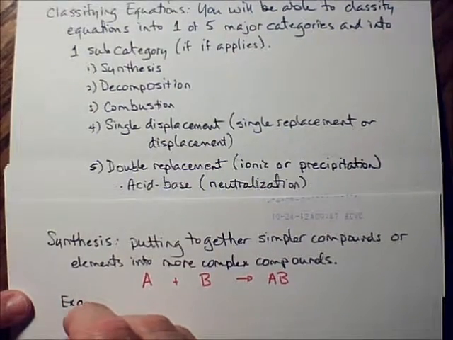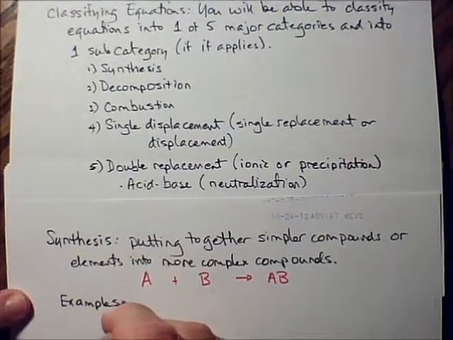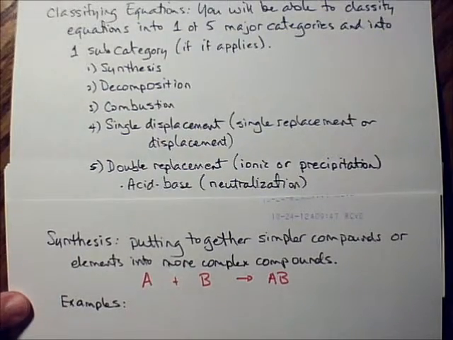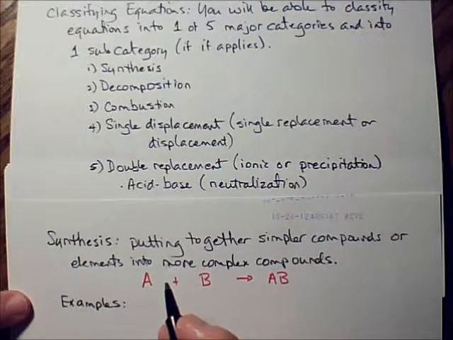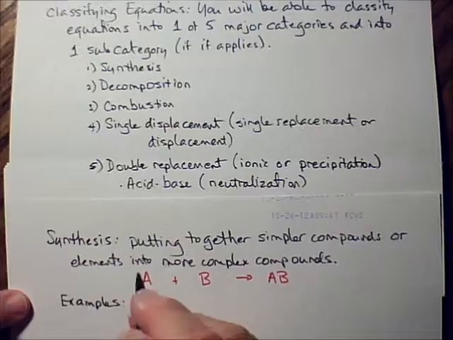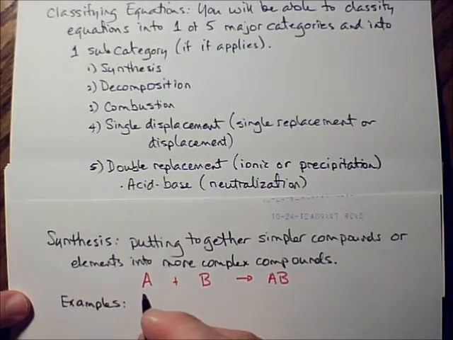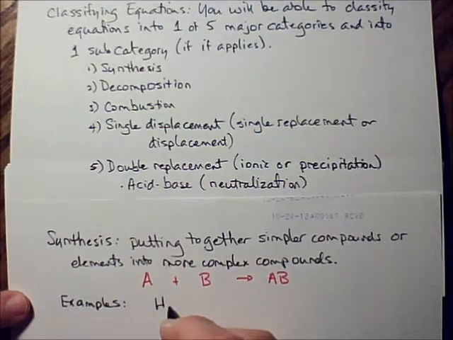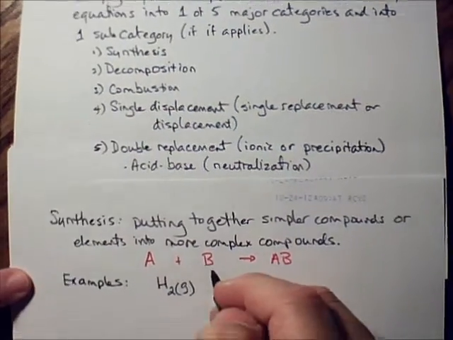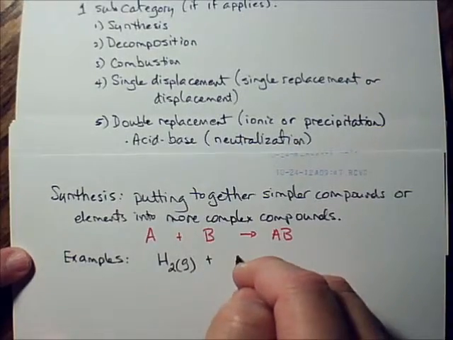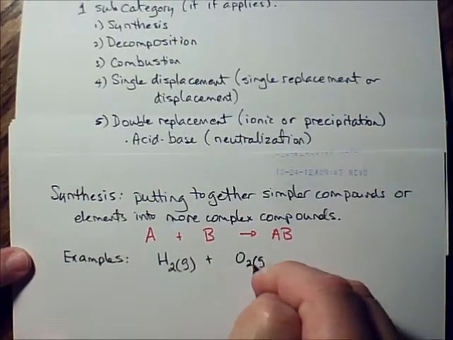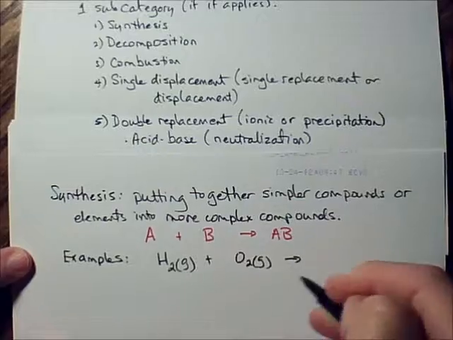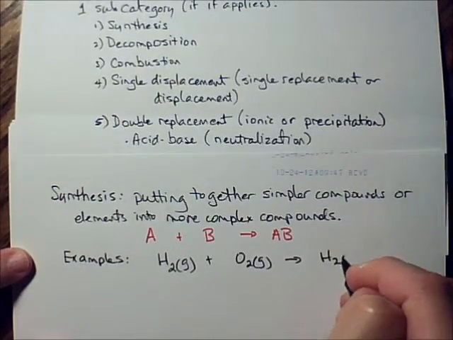And here are some examples of synthesis reactions. We're going to symbolically represent them in equation form. So we're going to put together hydrogen gas and oxygen gas, and we're going to form water.